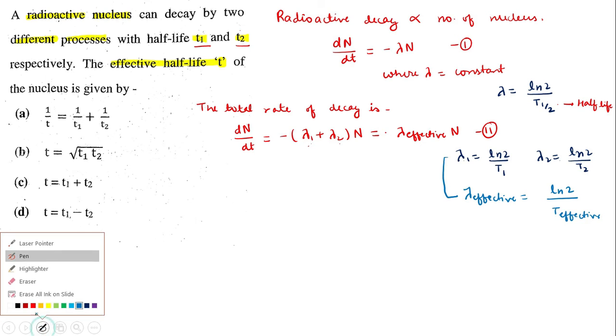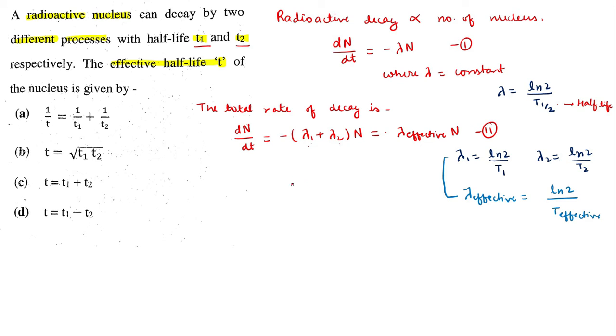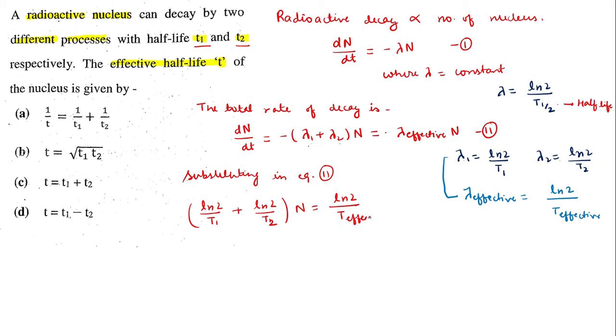Putting these values in equation number 2, we will get ln2 by t1 plus ln2 by t2, into N, that is equal to lambda effective, which over here is ln2 by t effective, into N.